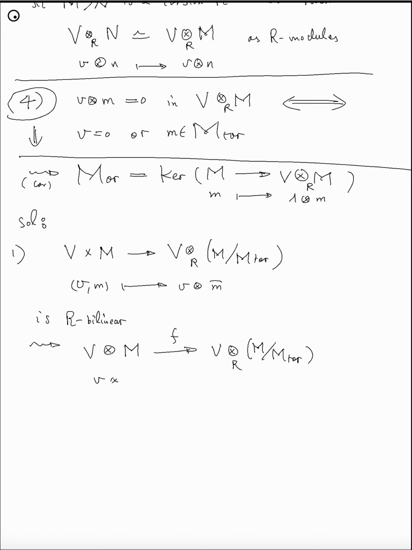Let's call it F: V tensor M is mapped to v tensor m bar.